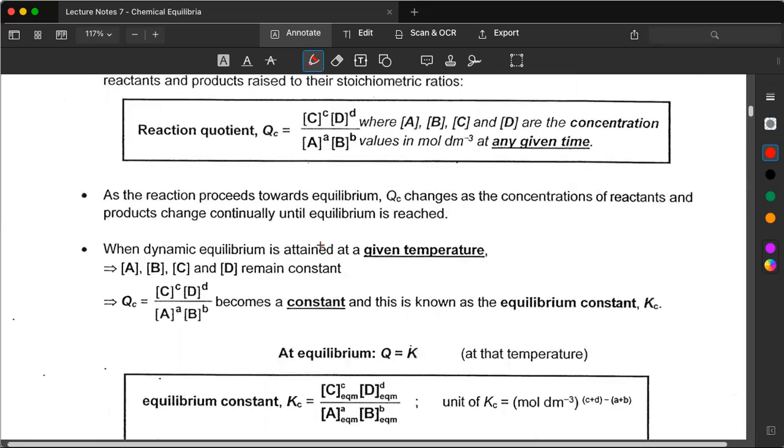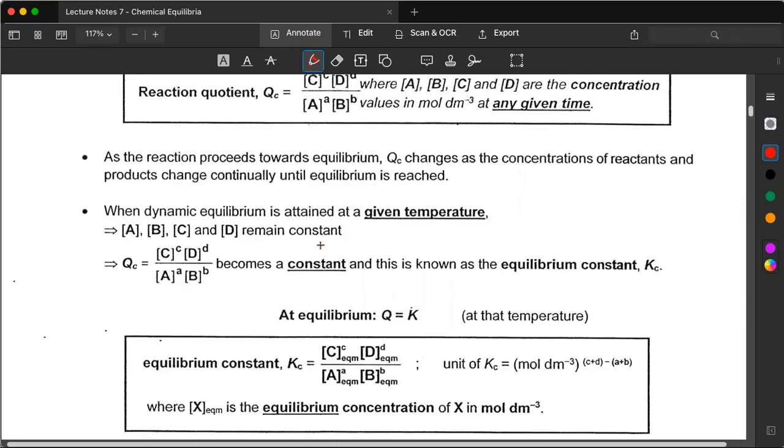As the reaction proceeds towards equilibrium, Qc will change as the concentrations of reactants and products change continually until equilibrium is reached. When dynamic equilibrium is attained at a given temperature, the A, B, C, D concentrations will be constant. So Qc will be a constant value, and we call it the equilibrium constant.